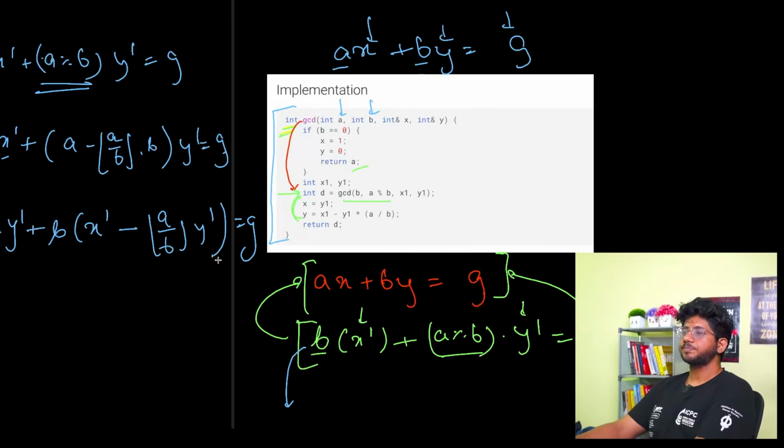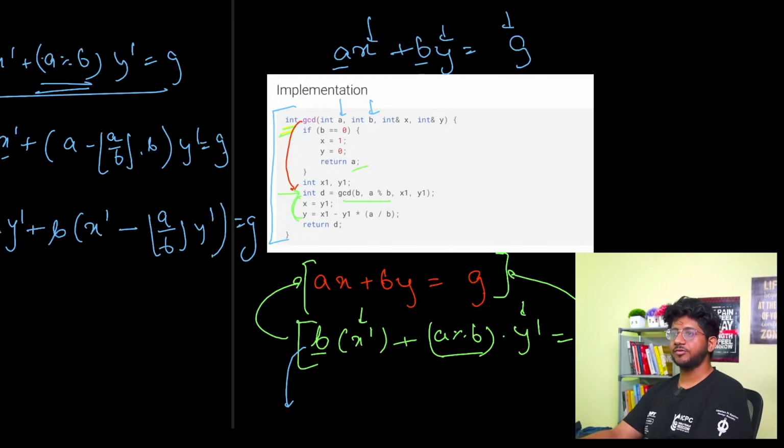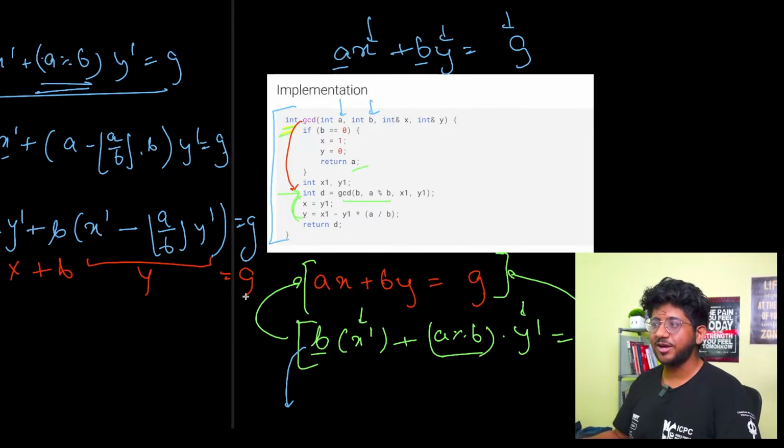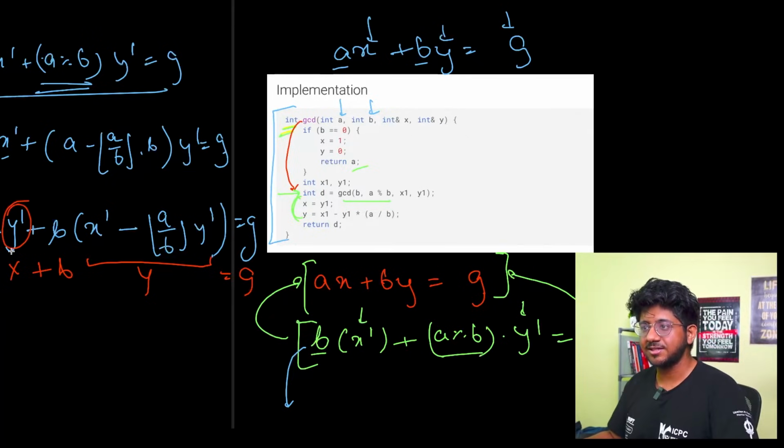From this solution, we manipulated it and got something like this. Does this look like ax plus by equal to g? It does. So we can simply say that this is nothing but our x and this is nothing but our y.